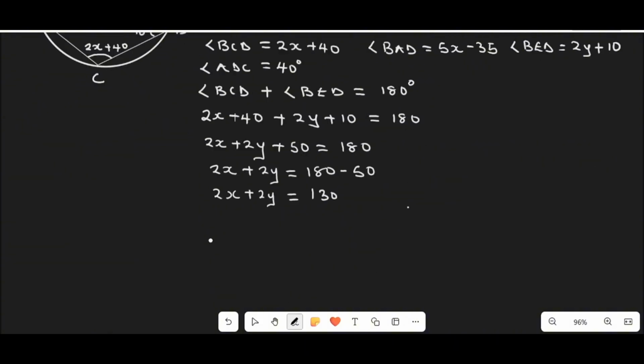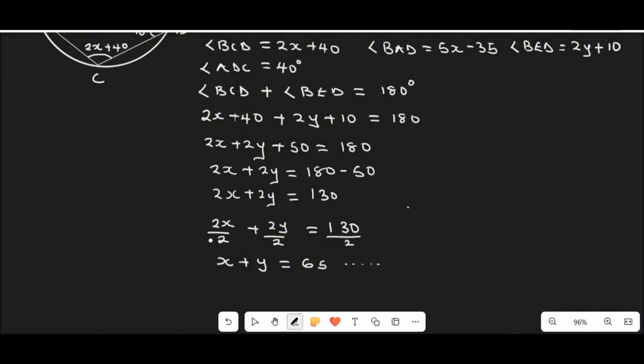Let us divide through by 2. So 2x over 2 plus 2y over 2 equals 130 over 2. So x plus y equals 65.